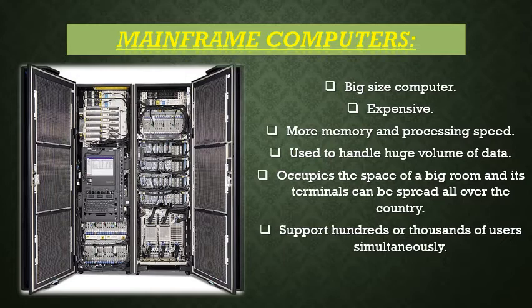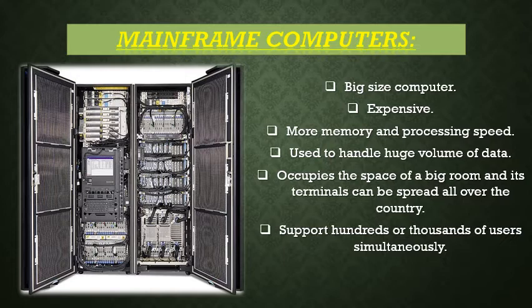When we were talking about microcomputers, they can be used by a single person, for example, a student or any person who has a small business. And when we were talking about mini computers, they can be used by small organizations or medium-sized business.